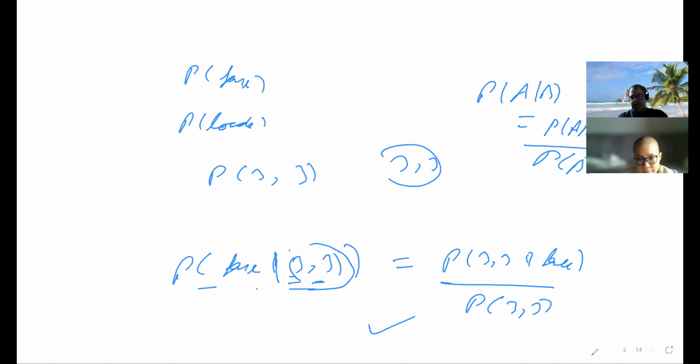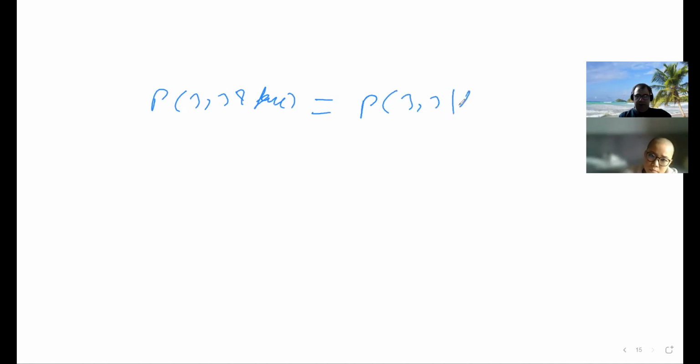Now suppose I have to find P(3,3 and fair). First we will find the numerator. Will it not be equal to P(3,3 given fair) into P(fair)? What is P fair? 0.5.